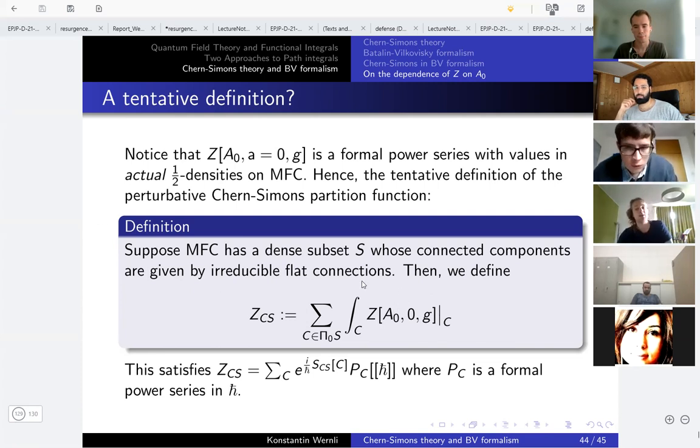In the BV formalism, you can only do it for certain Lie algebras right now, but I'm sure we can do it for all Lie algebras soon. Here it's really about summing the different perturbative expansions. You have one for every flat connection, and the question is how to put them together so that you get a single formal power series. Eventually maybe you resum that formal power series and have a single number. That's the goal.